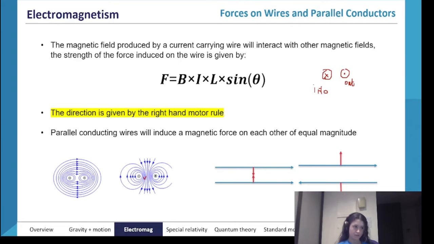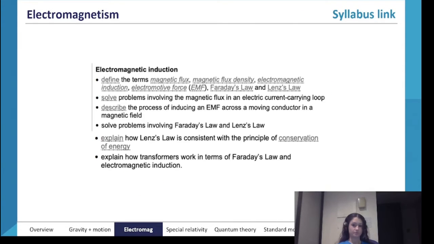But the force as a result of the other wire wants to move in this direction. So they're going to oppose one another. And as a result, when we have two wires that have currents moving in opposite directions, they're going to be repelled from one another due to the interaction of their magnetic fields.